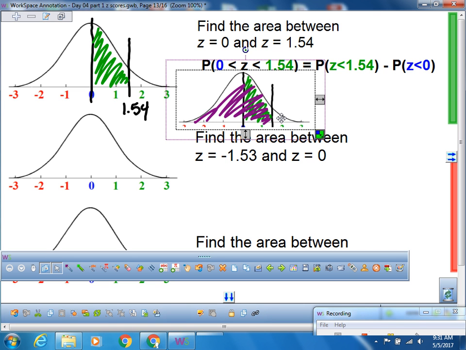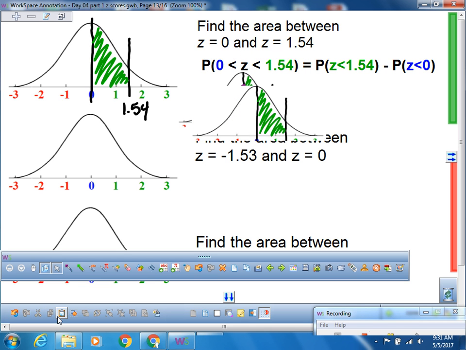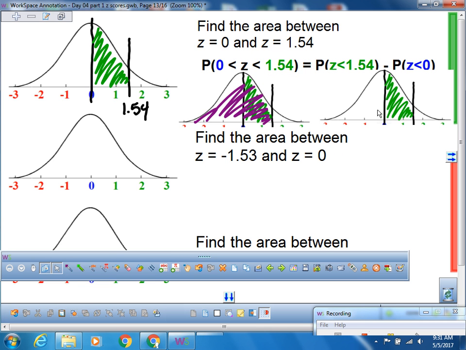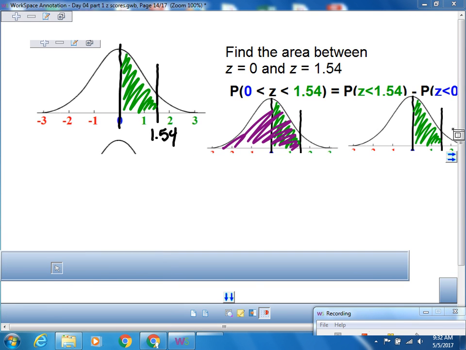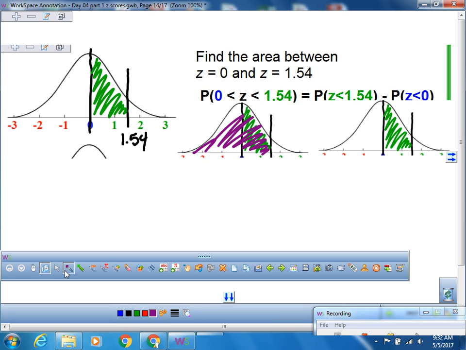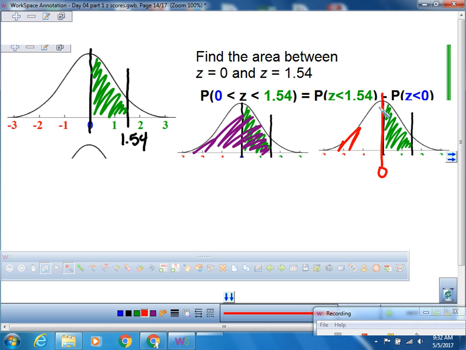So if this is 0 right here, and I find the z-score of the purple and subtract the red, wouldn't I get the green?